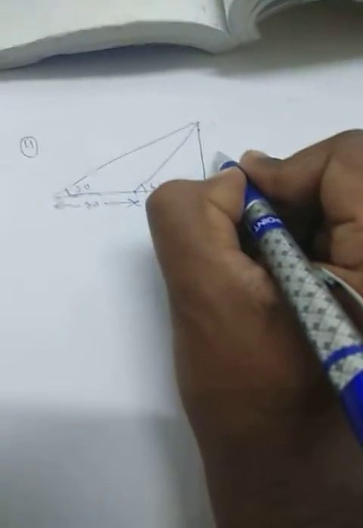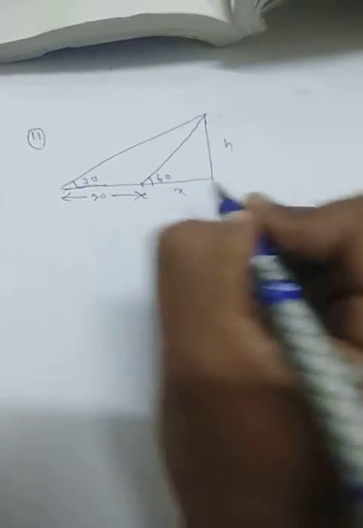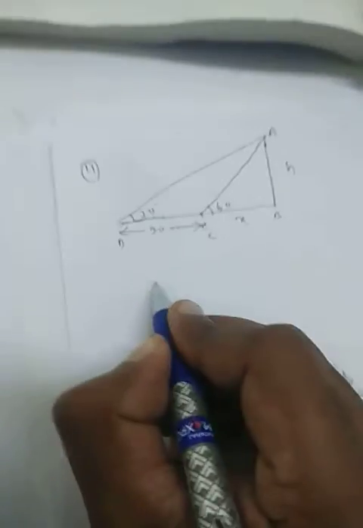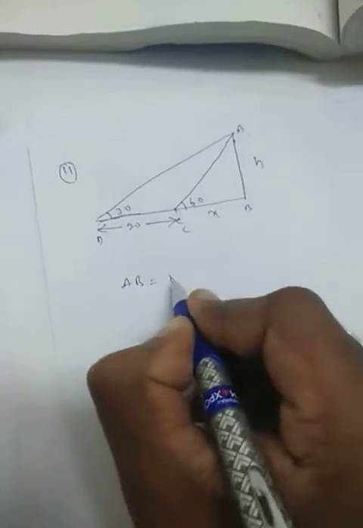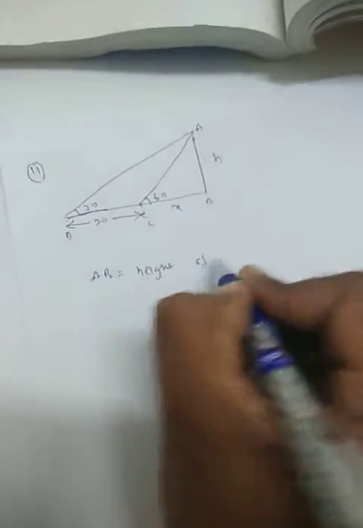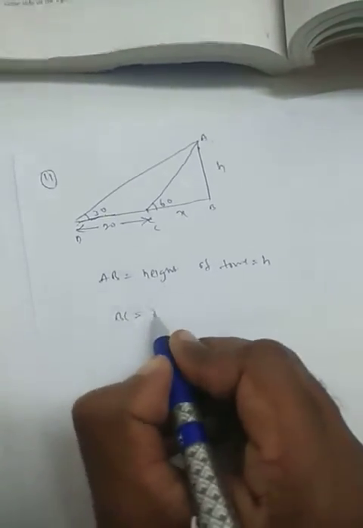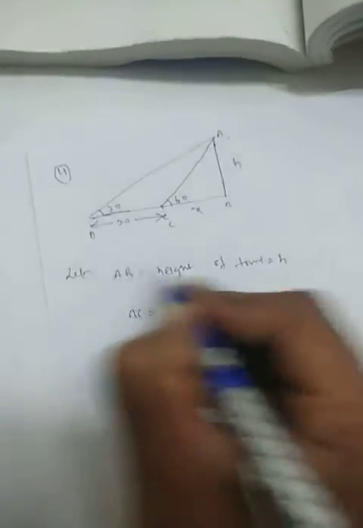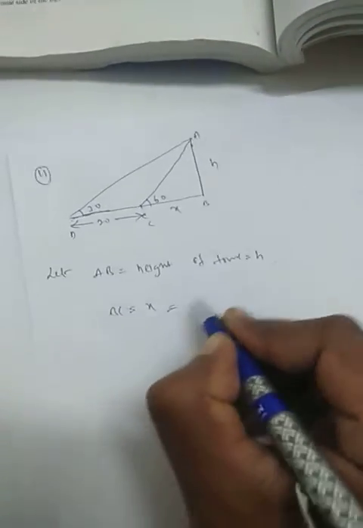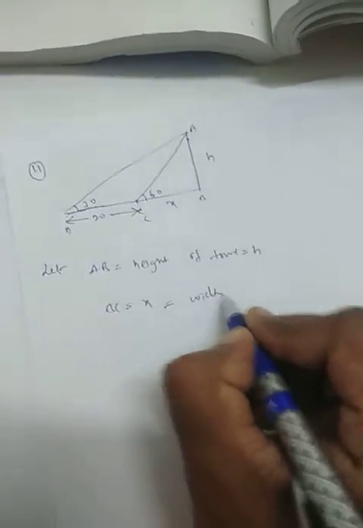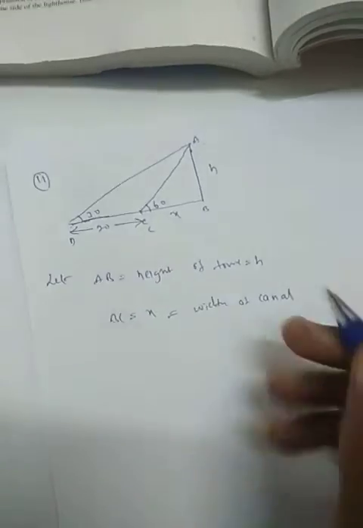So let us take the height of the tower as h and the width of the canal as x. So they mentioned A, B, C, D, so we don't need to do anything. AB is equal to what? Height of tower, that will be h. BC is equal to x, since this is the assumption, this is the width of the canal.